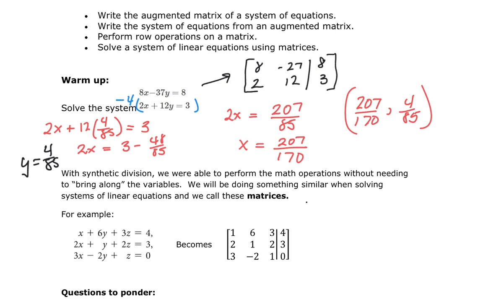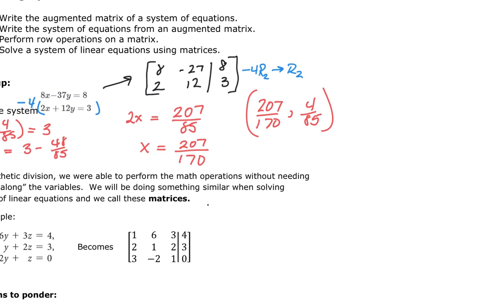And that is my matrix. What I did was I took -4 multiplied by row 2 and put the answer back into row 2. So matrix form was 8, -37, and 8. And then when I multiplied by that -4, this became a -8, this was the -48, and this was the -12.